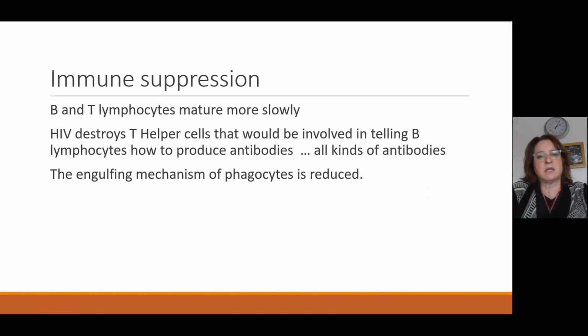A virus can slow down how your lymphocytes mature, which means slowing down how antibodies get produced. The second thing they can do, particularly HIV, the virus that will later cause AIDS, is that HIV destroys T helper cells. T helper cells are involved in helping B lymphocytes to produce antibodies, all kinds of antibodies, not just against HIV, but against common colds and other things.